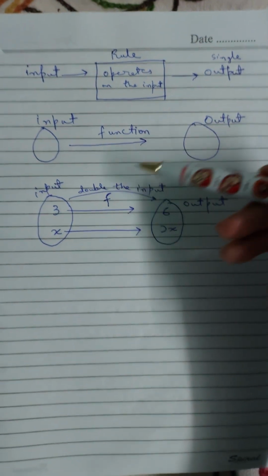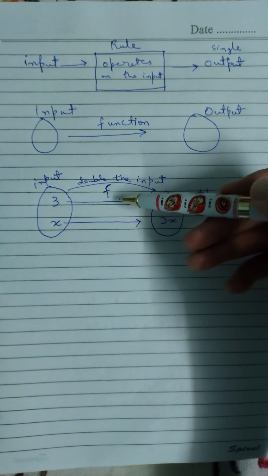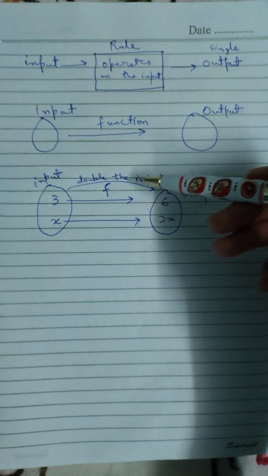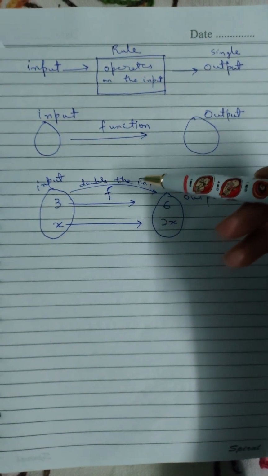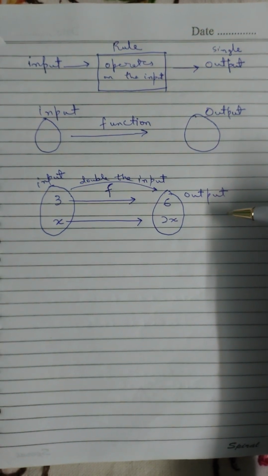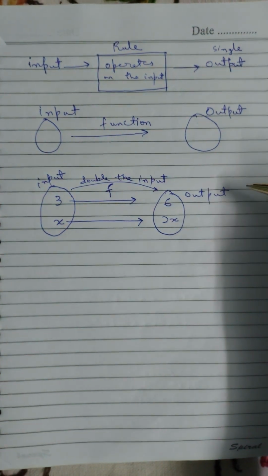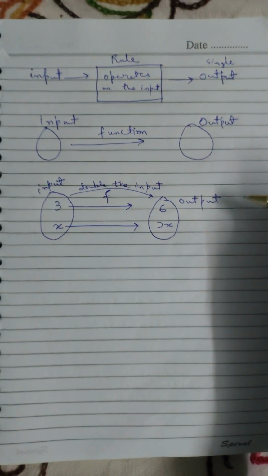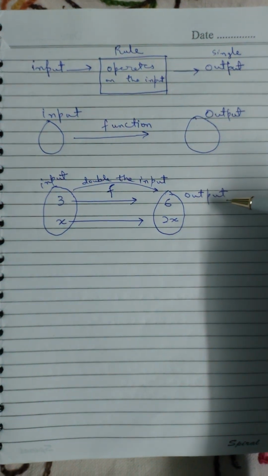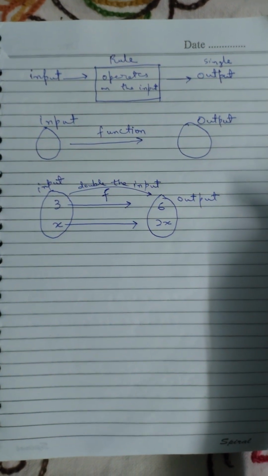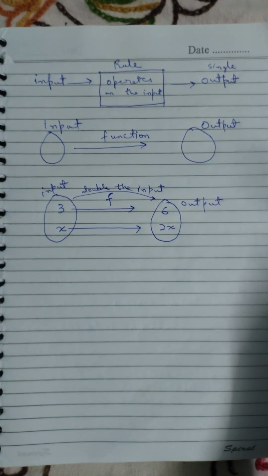Output, input, rule. What is the rule? Rule is actually the function. Double the input, it's the function, and here we have named the function f. If the rule is double the input, then 3 should produce 6 and x should produce twice x. So this is clear.